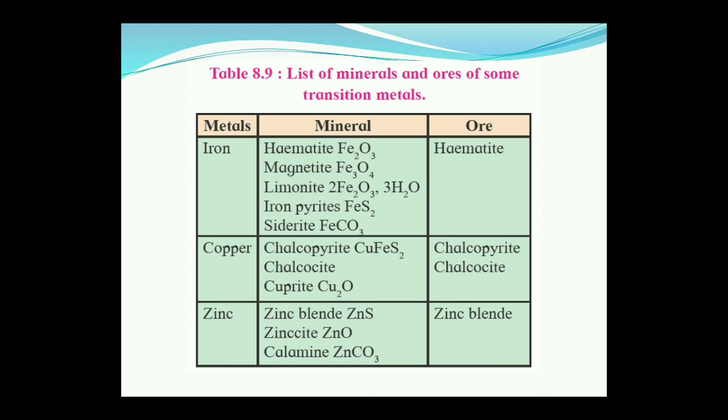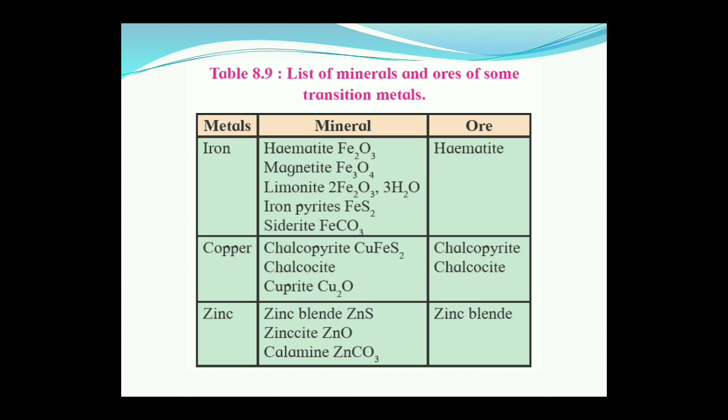So, by formula, we said it is iron oxide, but the commercial names are hematite, magnetite, limonite. Limonite is again a hydrated oxide, because three water molecules are there. Iron pyrites is a sulfide of iron, FeS2. Siderite is a carbonate of iron. These are the different minerals.